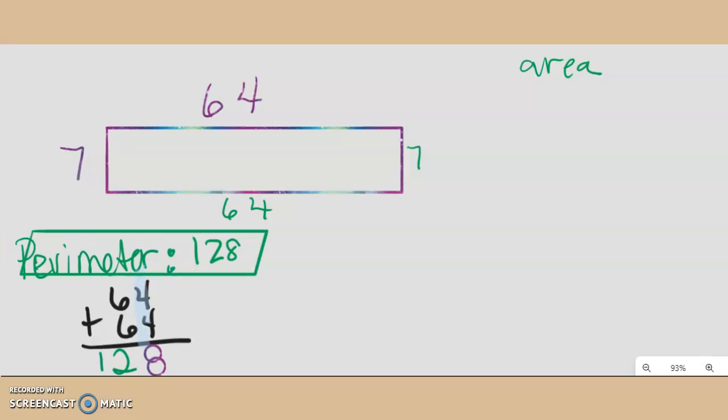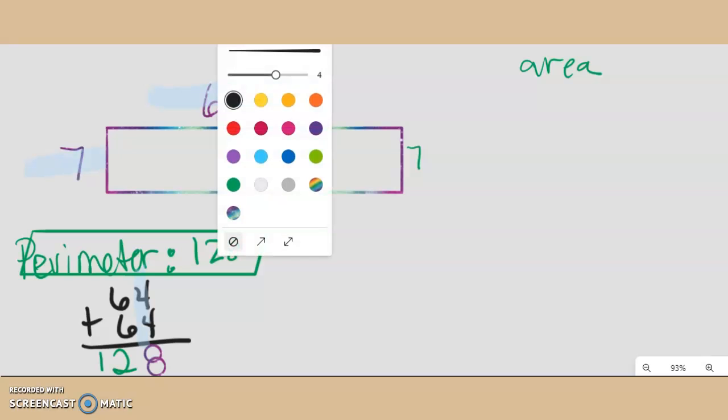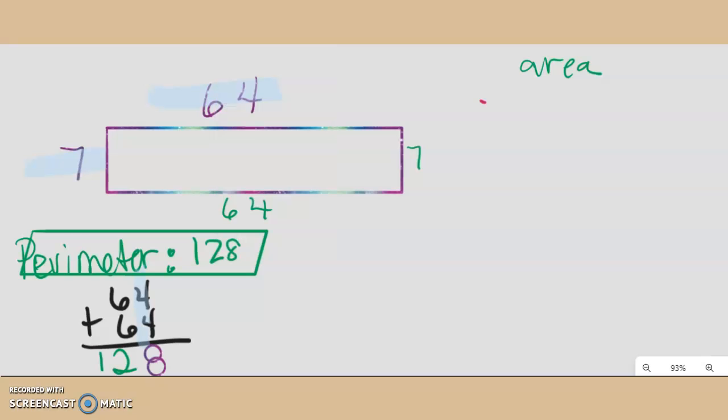Okay? Now, we're going to look at area. And area, you're going to measure length times width. So our equation for that is going to be 7 times 64. And you're going to break it into 60 and 4.